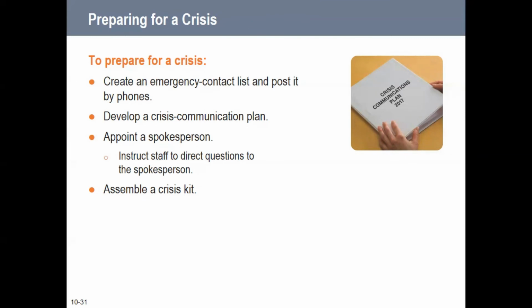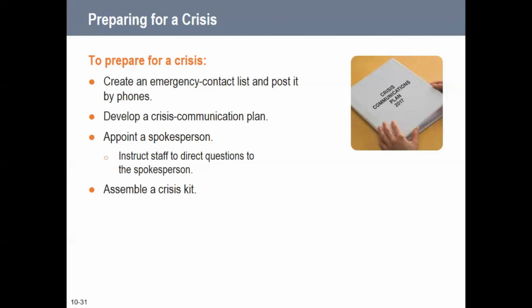You appoint that spokesperson who communicates to the media, and you instruct everybody else to direct questions to that spokesperson. All right. So if the media is there and they are talking to one of the cooks outside, the cook needs to say, you need to go speak to so-and-so.